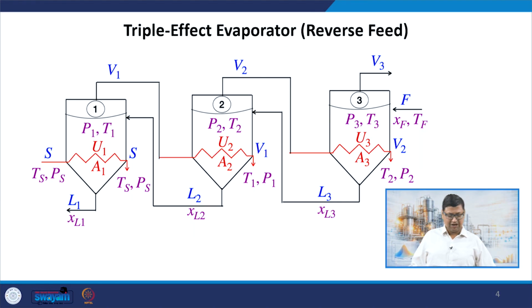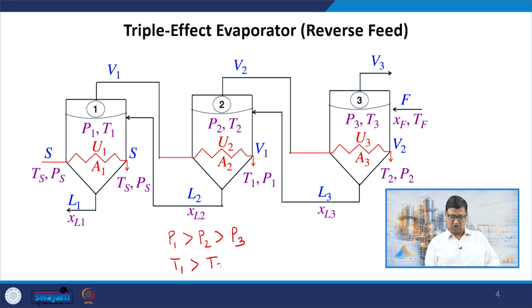Okay, so let us now do it for the reverse feed triple effect evaporator, just as I explained the reverse feed in the previous class. The feed enters the last effect, the coldest effect. As we said, the pressures are decreasing along the effects, and the temperatures are also decreasing along the effects, and the feed is entering the last effect.